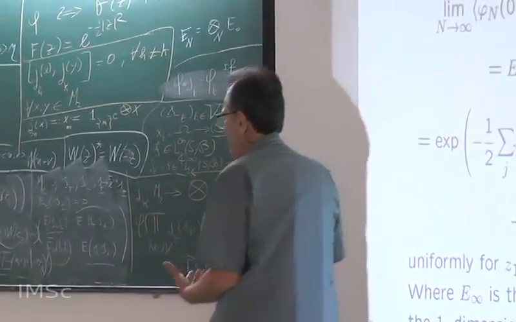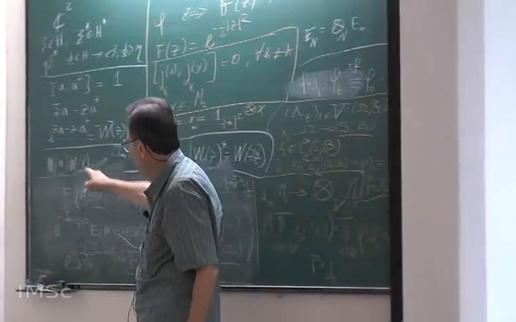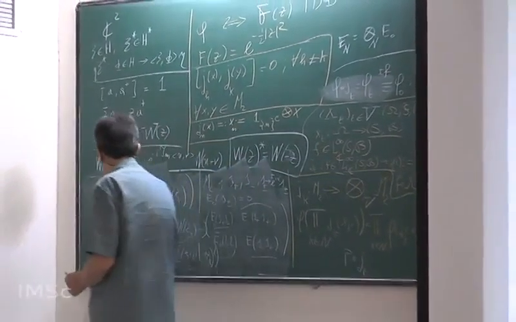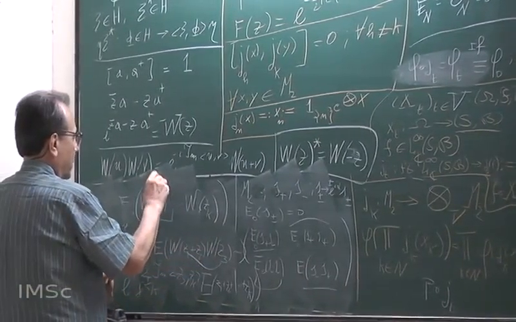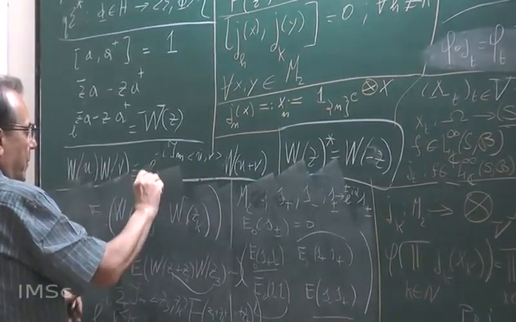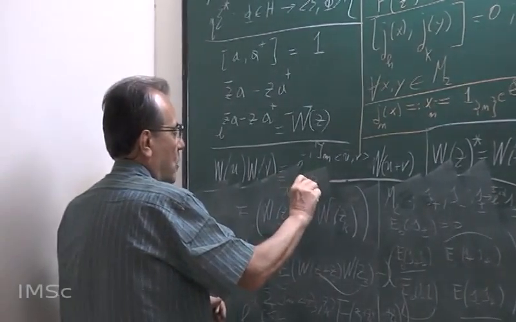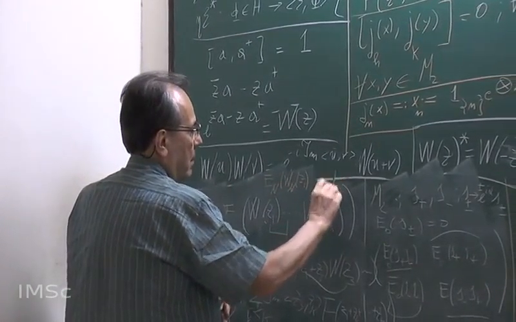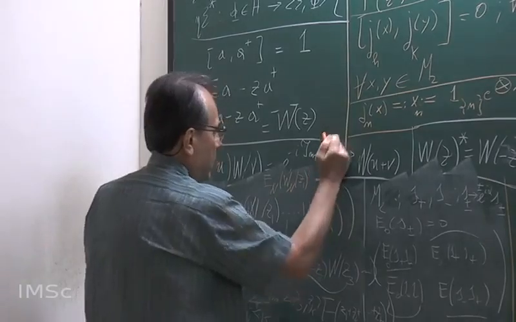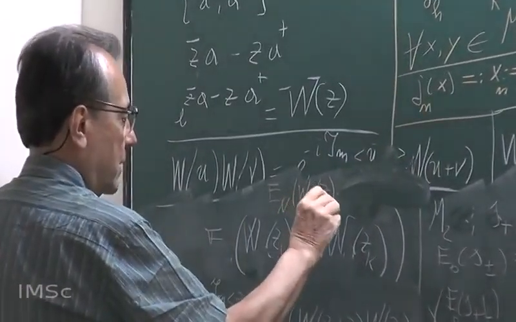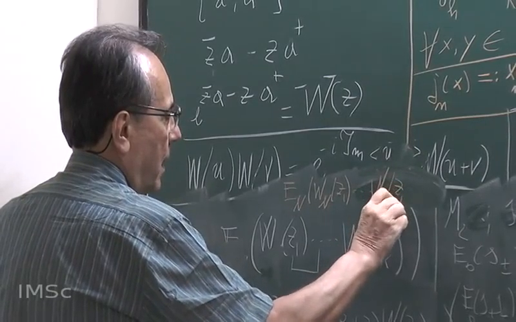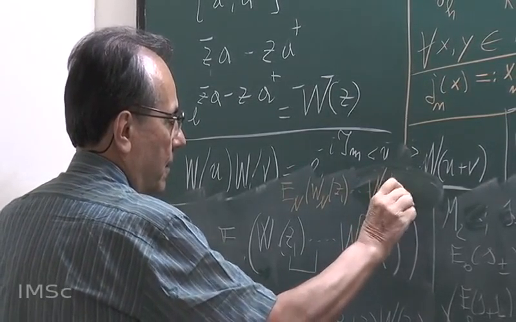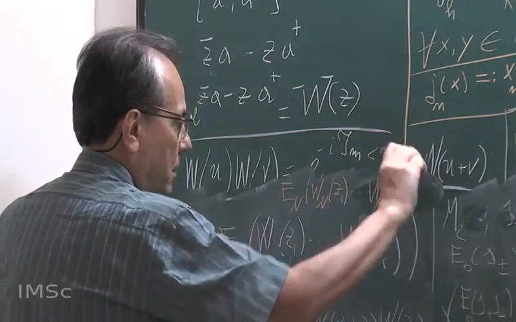So take the limit of these objects. You start from objects which have not this boson property, which is E_n of W_n, Z1, up to W_n, Zk.